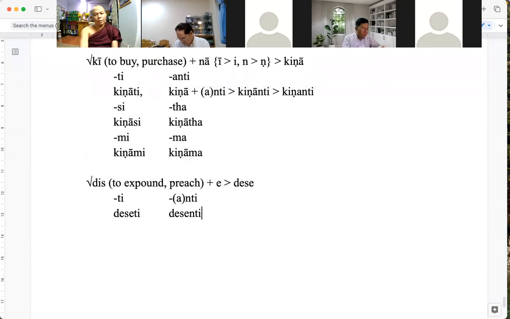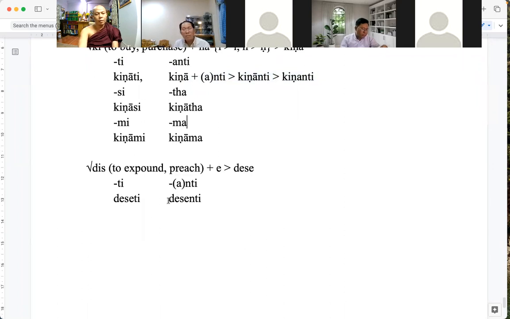That is why in past form A is plain. This A is occasionally dropped. No, A is dropped. That is logically we need to understand this one. Okay, so they expound or they preach.